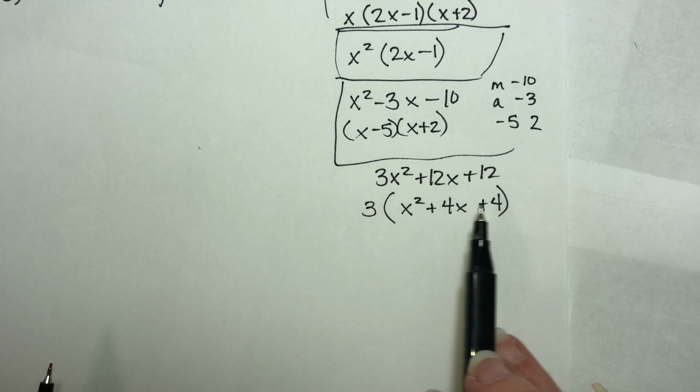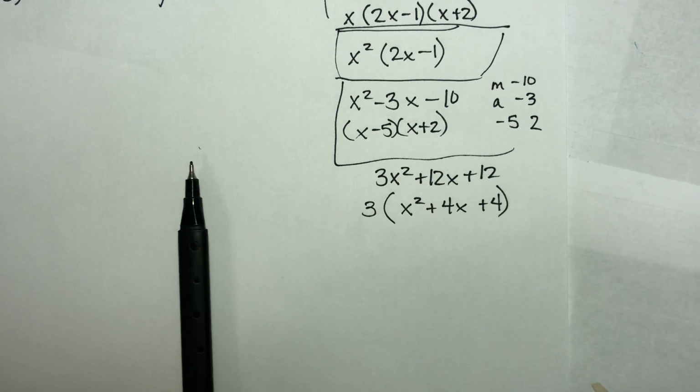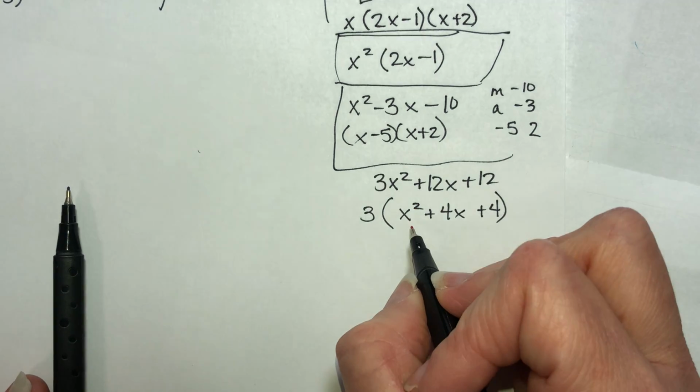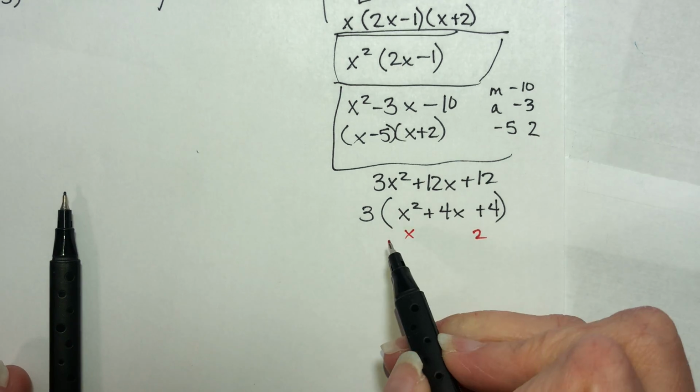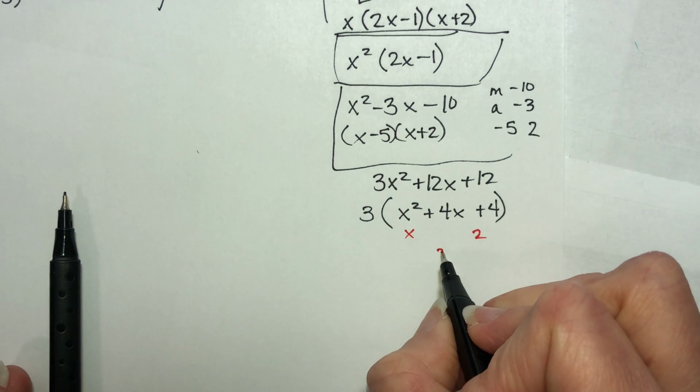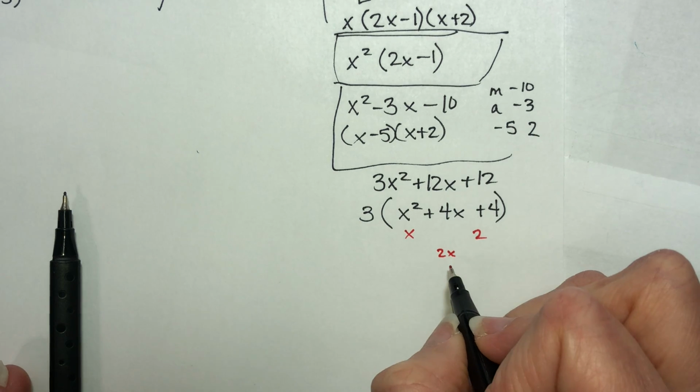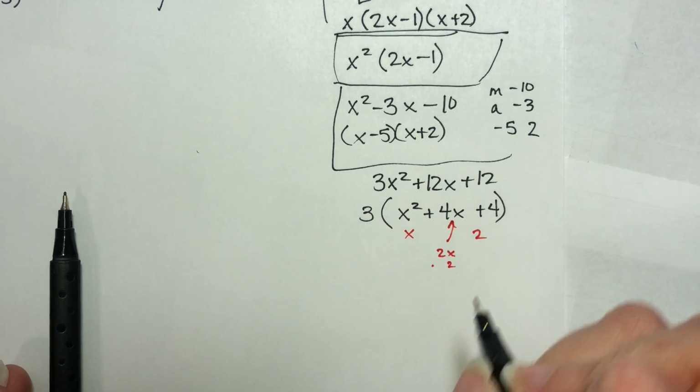I have perfect squares on the ends, so let's check to see if it's a perfect square trinomial. The square root of x squared is x. The square root of 4 is 2. If I multiply these two things together, I get 2x. And then if I double that, I do get 4x.